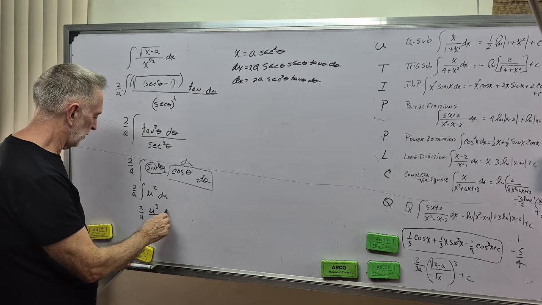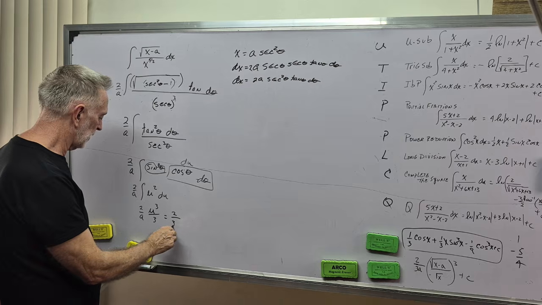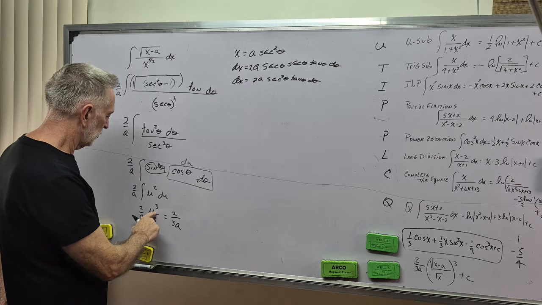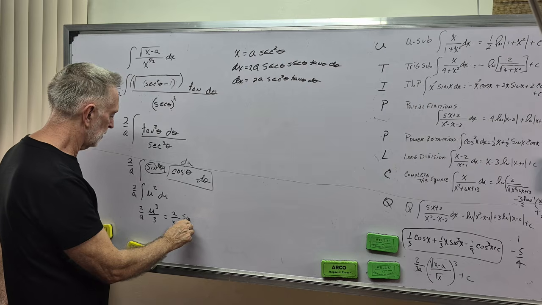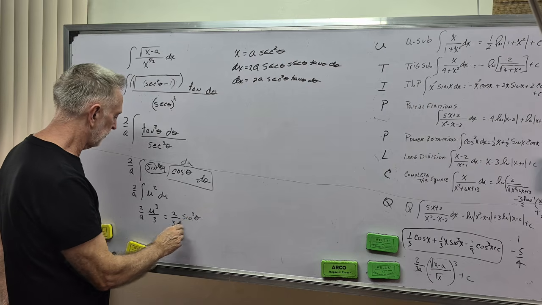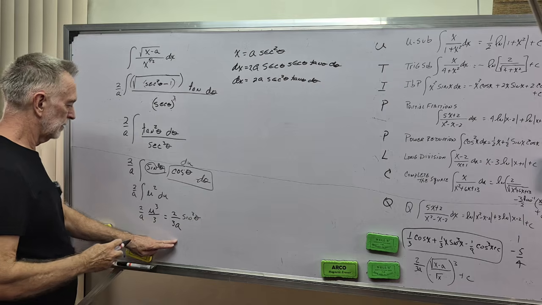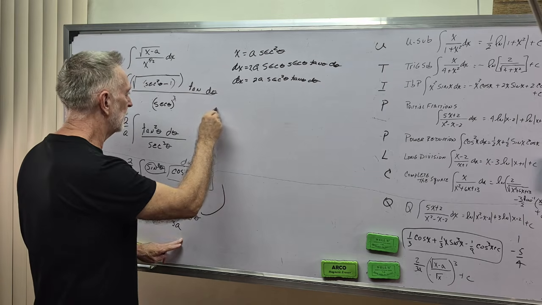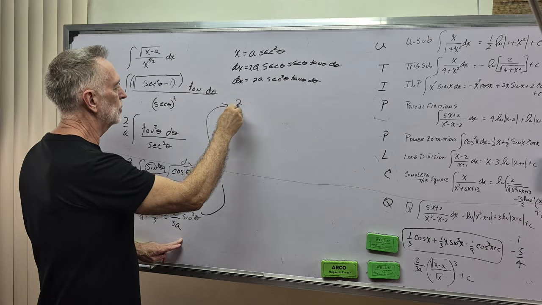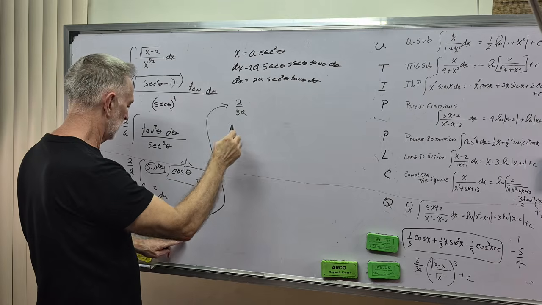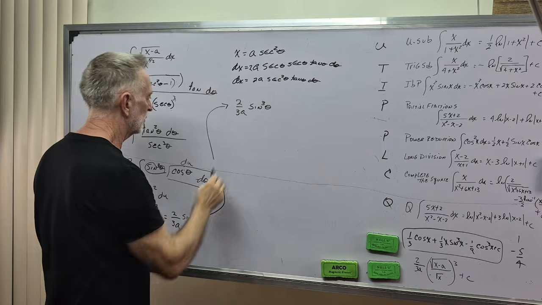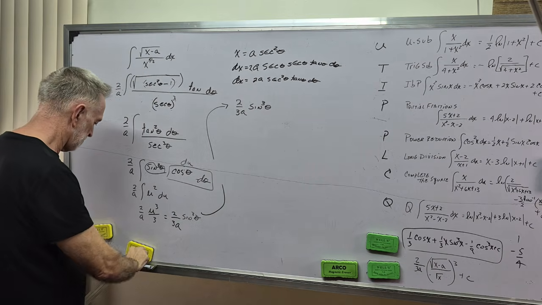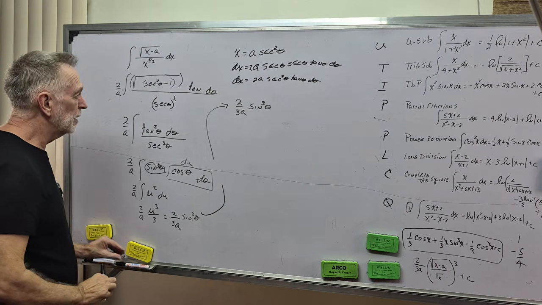So I'm going to rewrite that. That's 2 over 3a u cubed, which was sine cubed theta. Now then, I'm going to move that up here. That's 2 over 3a sine cubed theta.